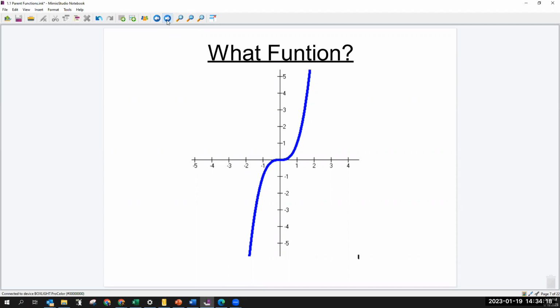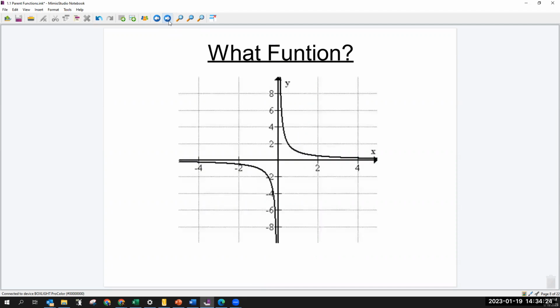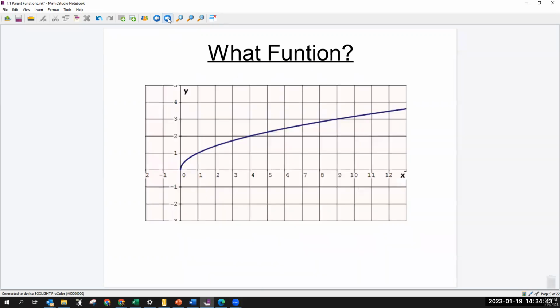All right, so this one was cubic, f of x equals x cubed. All right, try this one. This one's either rational or reciprocal. Both names work, and the function is 1 over x. Pause the video and try this one.